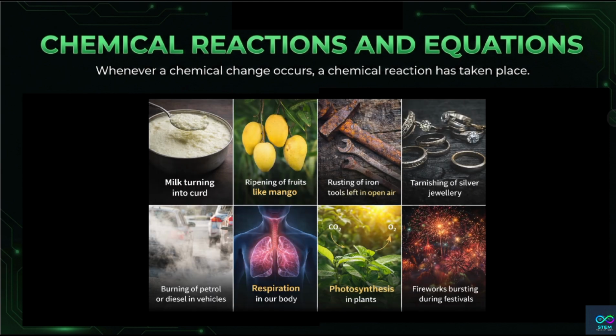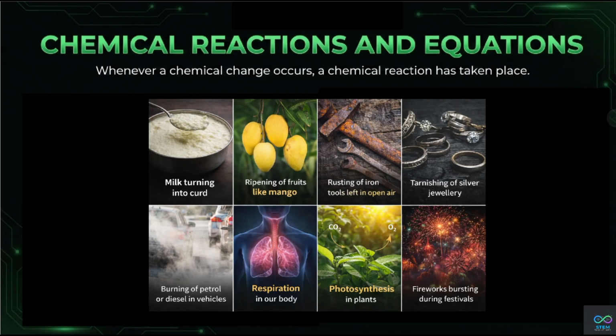Look around carefully. A large number of chemical reactions keep on occurring in our daily life. Milk turning into curd, ripening of fruits like mango, rusting of iron objects left in open air, tarnishing of silver objects, respiration in our body to get energy, process of photosynthesis, burning of fuels like petrol, diesel, burning of fireworks are all chemical changes which involve chemical reactions.